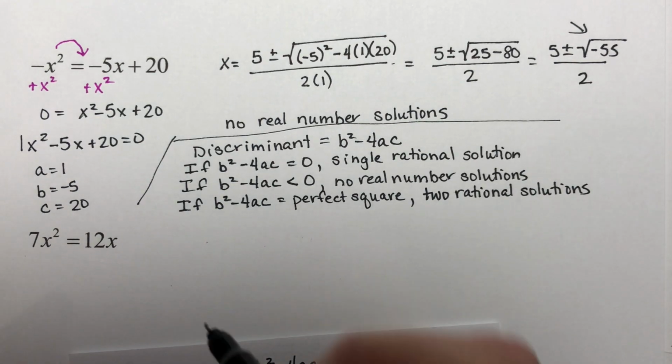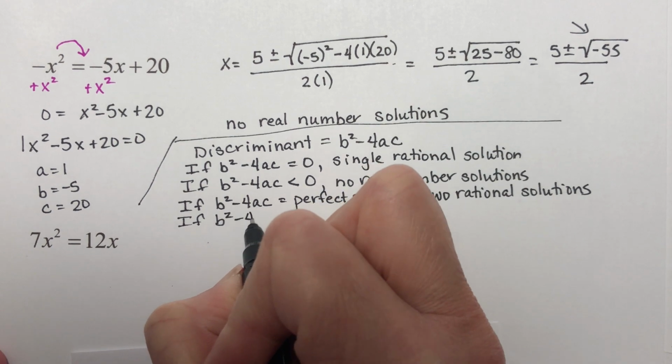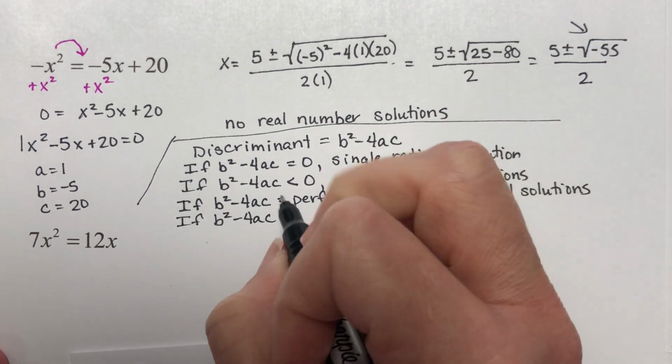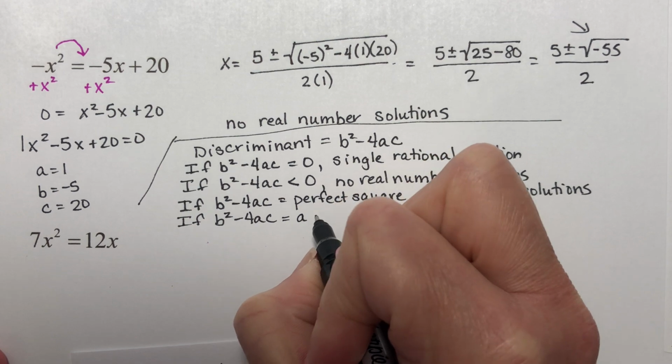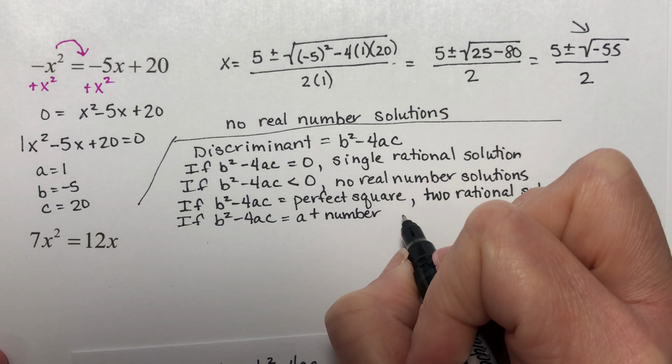And then the last possibility is if b squared minus 4ac equals a positive number that is not a perfect square.